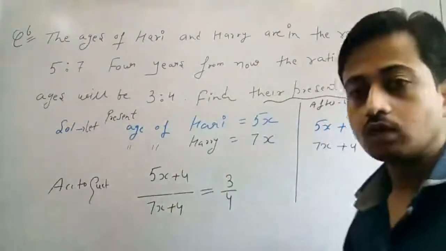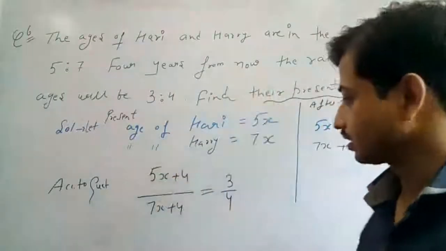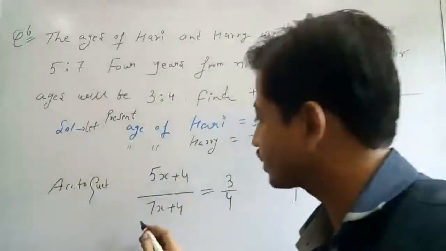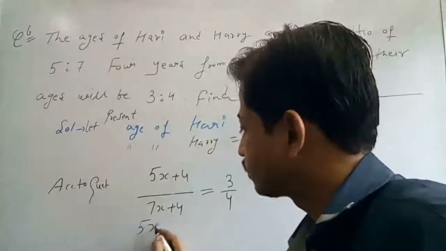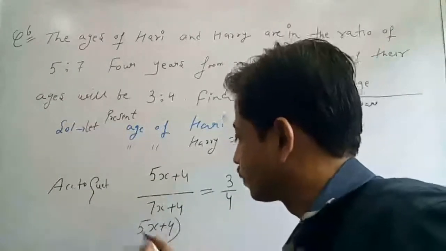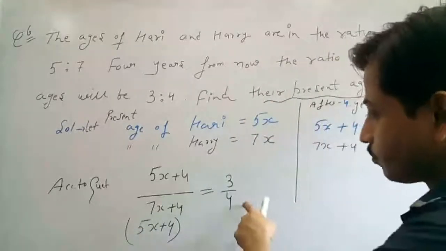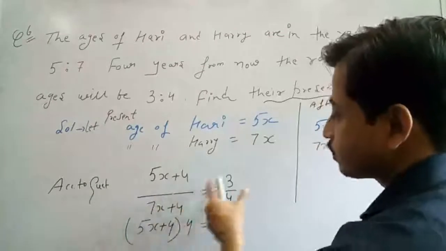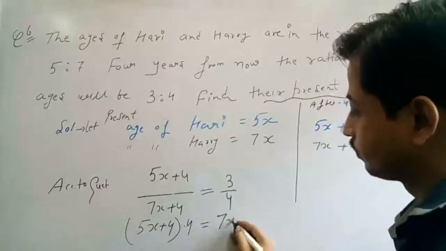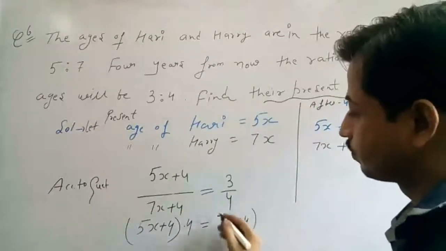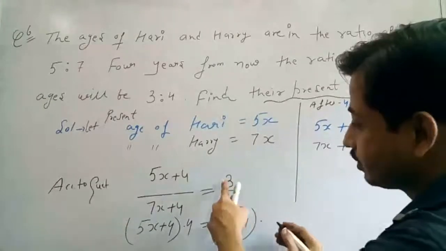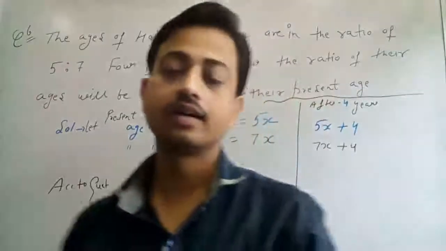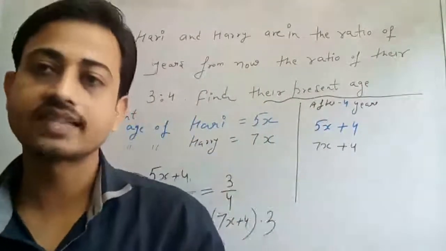Now please do cross multiplication first. We multiply 5x plus 4 with 4, and 7x plus 4 is multiplied with 3. Please make a note, then I will solve the next part.